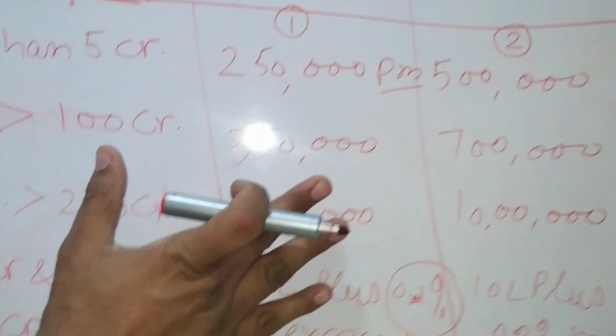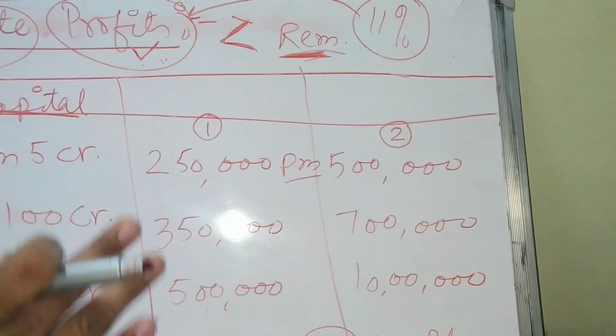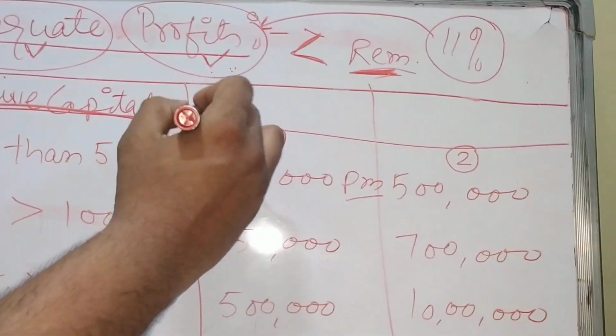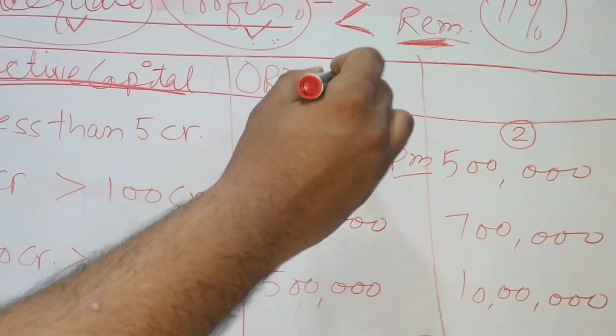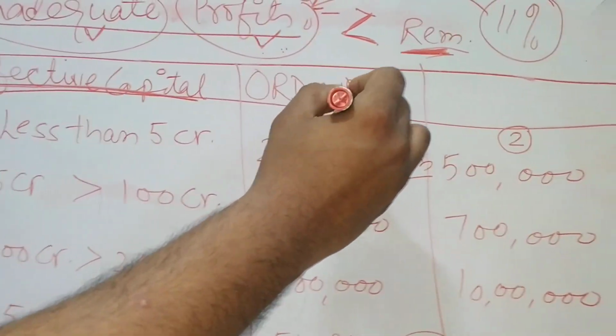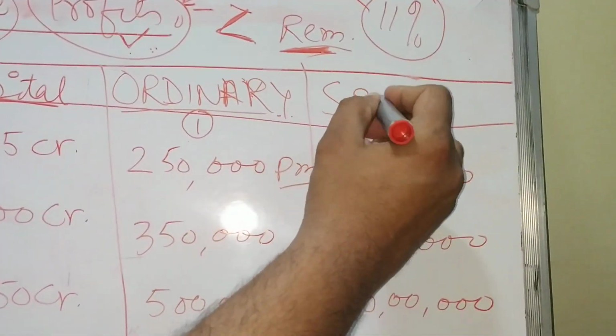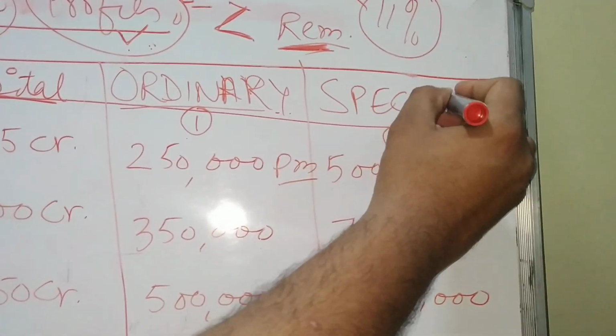Now the question comes, why these two tables? Where do they apply? Under the first case, the first table applies where an ordinary resolution is passed, and in the second case, where a special resolution is passed. So what is an ordinary resolution and what is a special resolution? Understand that a resolution happens in the annual general meeting with the shareholders, supported by the board of directors.